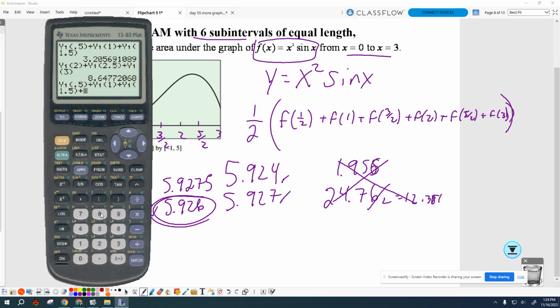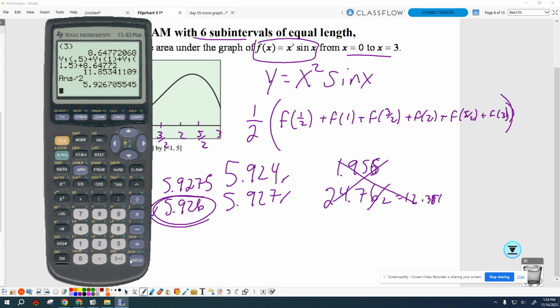So that's my first thing, plus 0.8647772. I got that answer, but I forgot to divide by 2, and I get 5.926 or 5.927. Both of them would be correct.